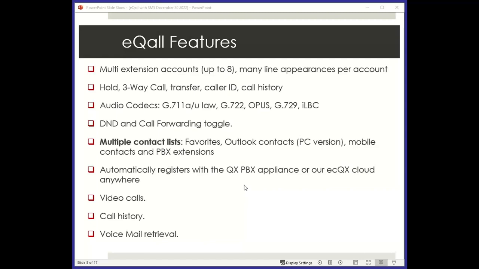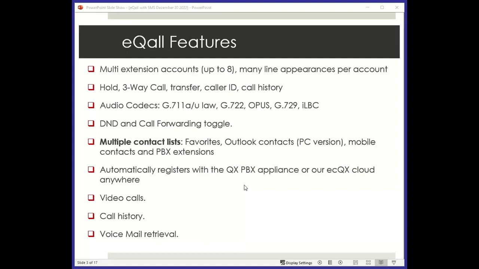If you want to set do not disturb or do call forwarding, you can do that on the eQall window. There are multiple contact lists, and you can have your own favorites. If you're using Outlook on the Windows version, you can get the Outlook contacts and see them on eQall, or your mobile contacts out of your mobile phone, and of course the PBX extensions where the eQall is registered.